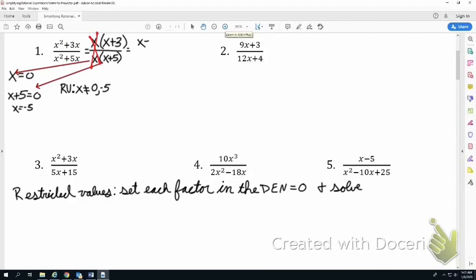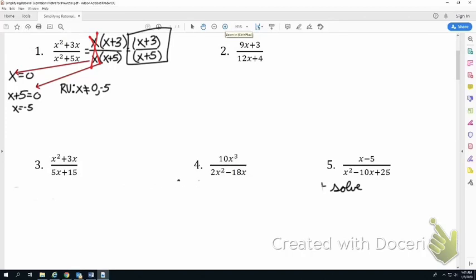And so my answer on this is x plus 3 over x plus 5. That is the answer. You'll need to do that and then include your restricted values. You'll always need to identify those, which we already did.